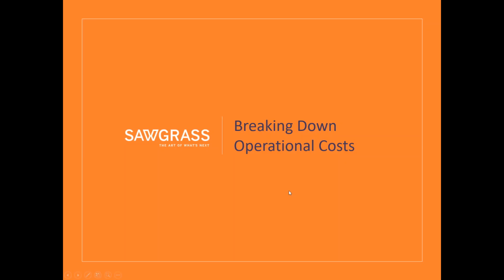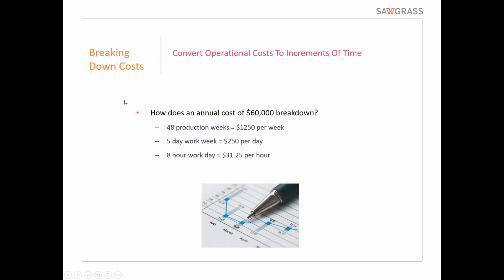Now, how do we break those down? We can add them up, but how do we break it down? For example, how does an annual cost of $60,000 per year break down? Well, assuming it was fixed, and costs are variable too so that's not really fixed, but let's say it was $60,000 a year. If you work 48 production weeks out of the year, that's $1,250 per week that you need to earn in net revenue, not gross, net revenue.